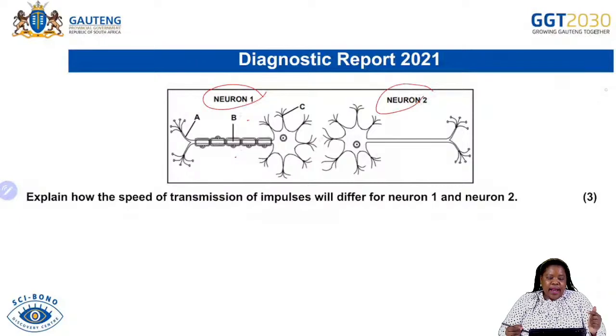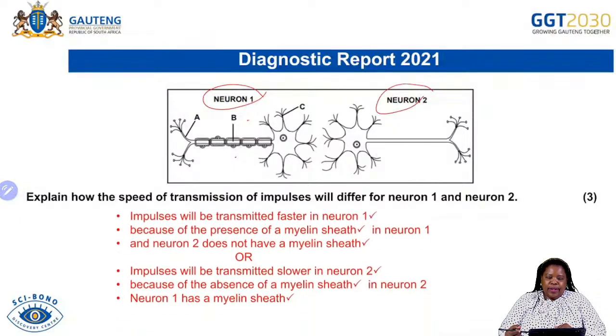So explain how, this is a high order question. Explain how the speed of transmission of impulse will differ. You have to think here for this 3 marks. Okay, right. Now the impulse will be transmitted faster in neuron 1 than in neuron 2. Because of what?